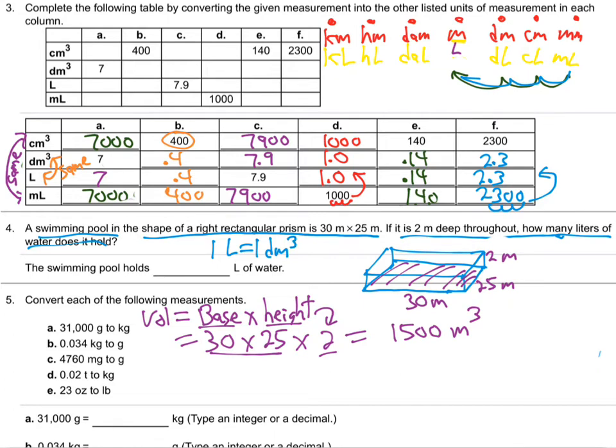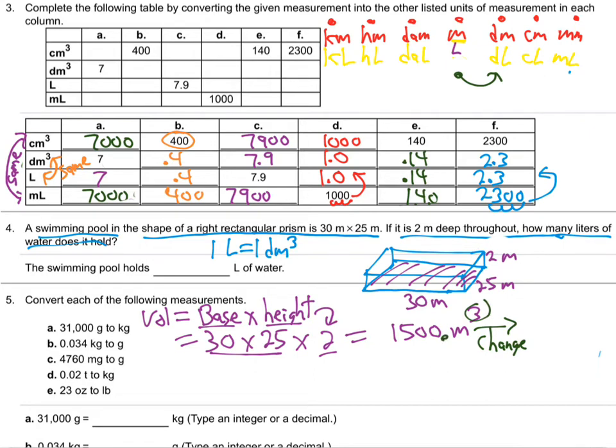So let's take the cubic meters and change to cubic decimeters. If you're in meters and you want to go to decimeters, that's 1 to the right. But that's the third power, so I've got to go 3 right.